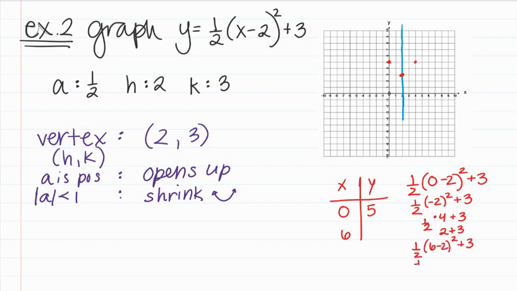So let's see what we have here. 4 squared is 16. 16 times 1/2 is 8. So I'm barely off my paper. I could probably go with this. So when x is 6, y is 11. So somewhere right about there.